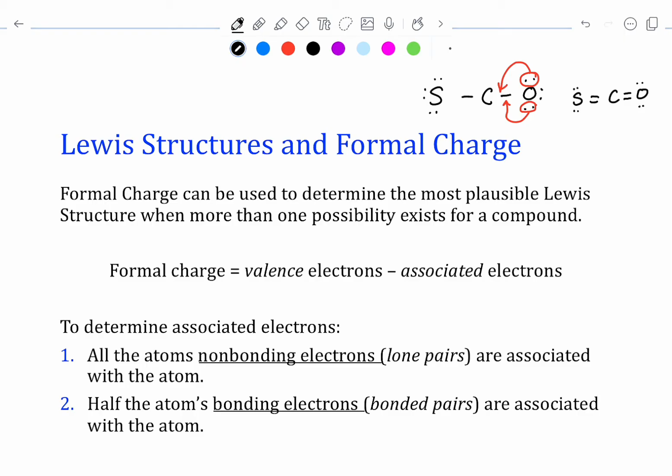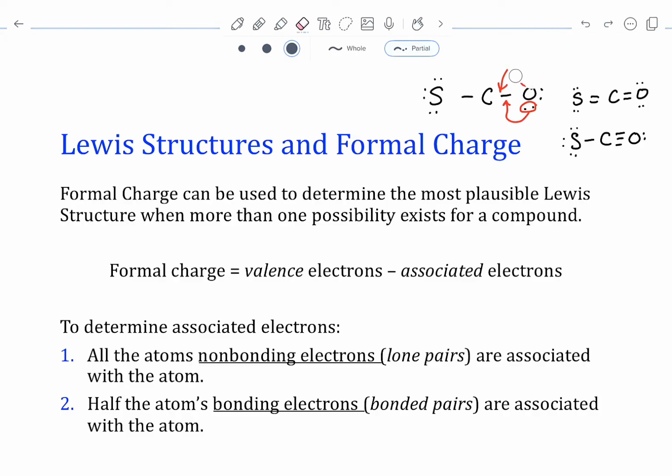So another version of this structure would be sulfur with a single bond to carbon and all of its lone pairs, and then a triple bond from the carbon to the oxygen with just one lone pair on the oxygen. We can see from this structure that our octet rule is still followed for our carbon as well as for our oxygen, but this is just another structure for that compound.